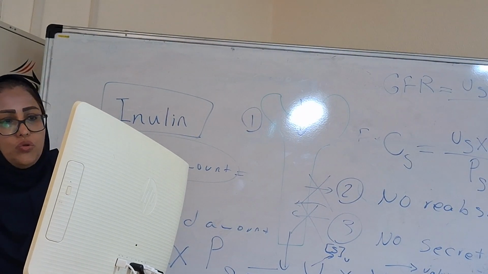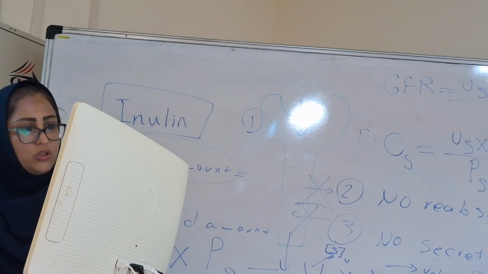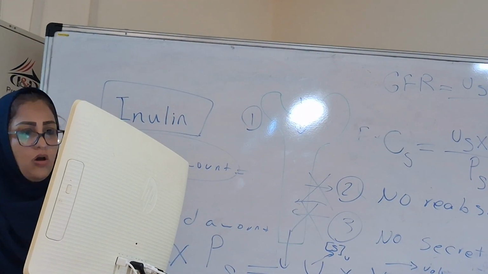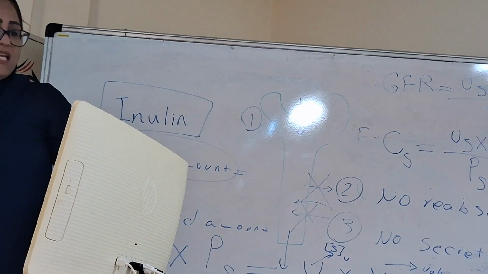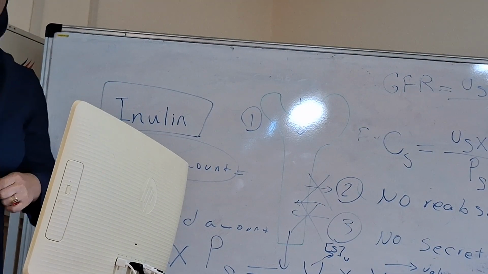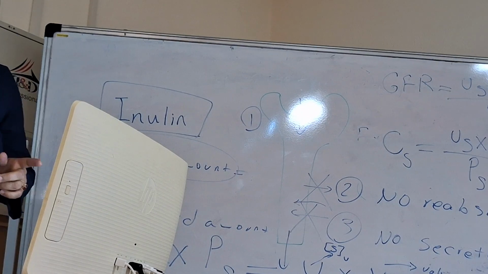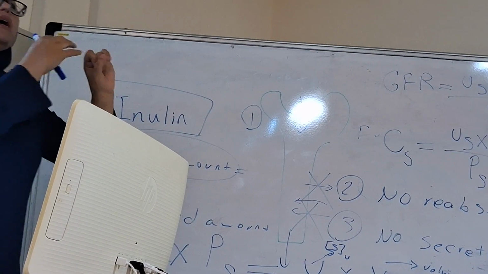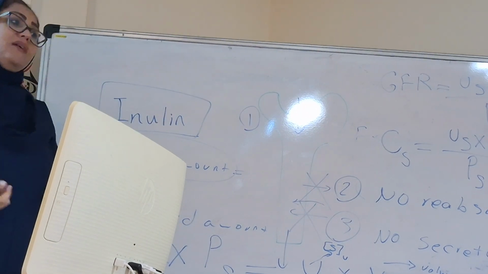Now I want you to calculate. Tell me please, the clearance rate for glucose is 0. For a substance, 0 means what? One possibility is that it is not filtered, there is no filtration. The second possibility is that it is completely reabsorbed.